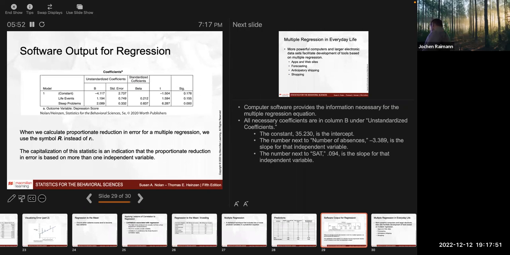So we have p-values of 0.176, which is greater than 5%, 0.155, which is greater than 5%, and sleep problems, 0.000, which is also wrongly expressed. I don't know why SPSS would do that, but it's basically smaller than 5%. So all that's really significant in this model is sleep problems.